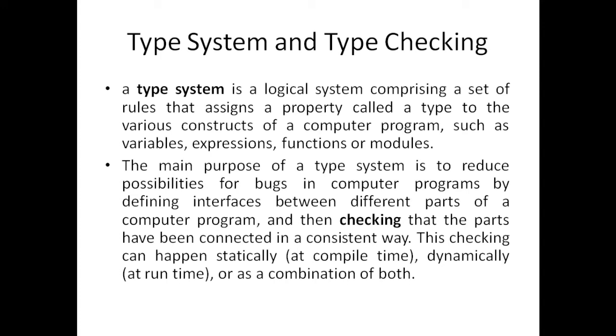So each and everything becomes a type. Even an object becomes a type, a variable becomes a type, an expression becomes a type, a function becomes a type. Everything becomes a type in .NET. Each and every program needs to follow this type system to avoid the bugs.